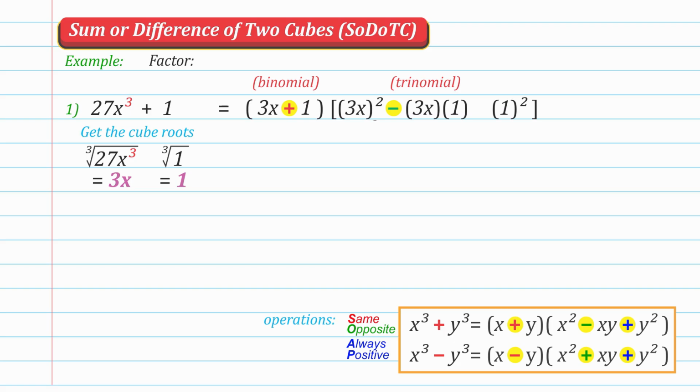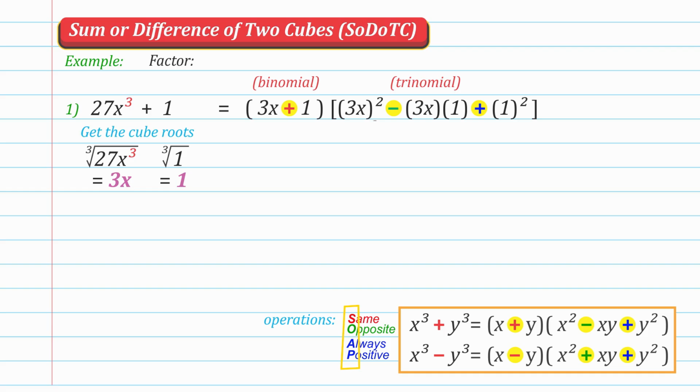Set it up first and remember to put parentheses. It's a good habit to do that. And since we are getting the square, this should always be positive. Now, let's highlight here the acronym SOAP, which can be a big help to remember the operations.